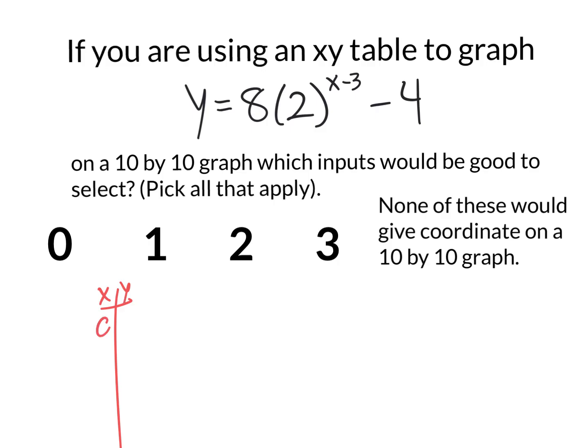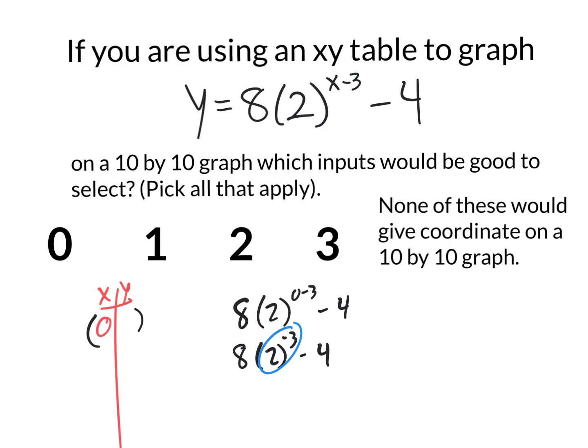So let's try plugging in 0. When we plug in 0 into here, 0 minus 3 is minus 3. And what is 2 to the negative third power? You could use a calculator, and that'll be 1/8. Let me actually show my work here. So you have 8 times 2 to the 0 minus 3 power minus 4. So that's really 8 times 2 to the negative 3 power minus 4.